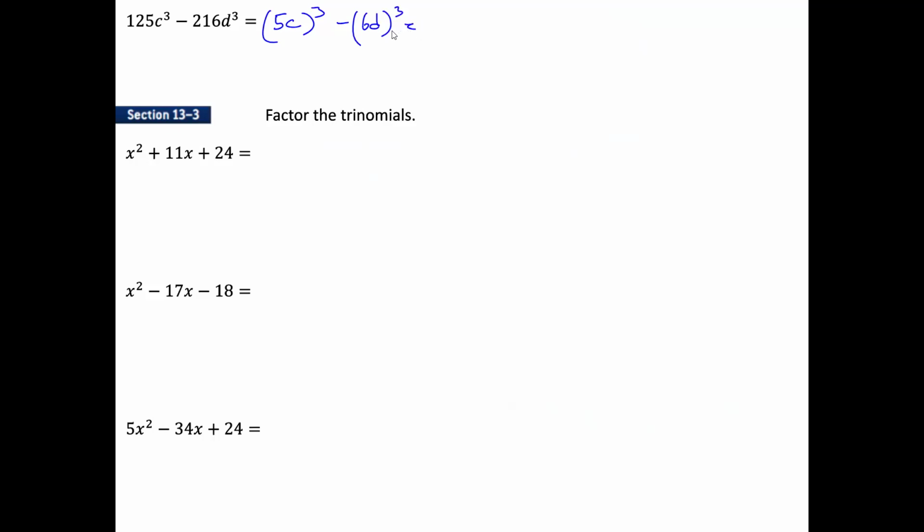So I have a difference of cubes. It means 5c minus 6d, that's the first factor. And then I have 5c squared plus 5c times 6d plus 6d squared.